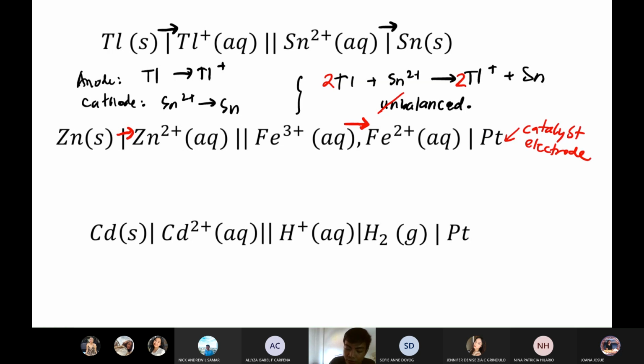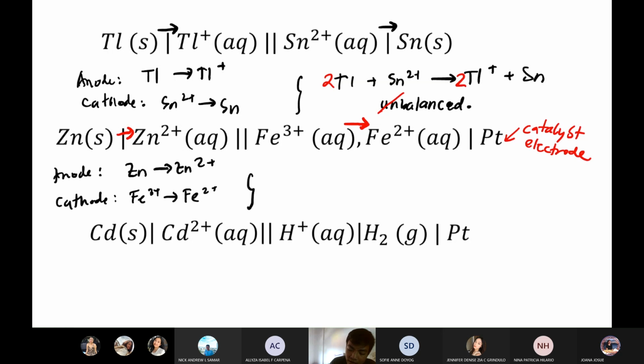So, in your anode, let's write the reaction in the anode. That's zinc to zinc 2 plus. And in your cathode, on the right side, you have the Fe3 plus to Fe2 plus. So if I combine that, that will be zinc plus Fe3 plus to zinc 2 plus plus Fe2 plus.